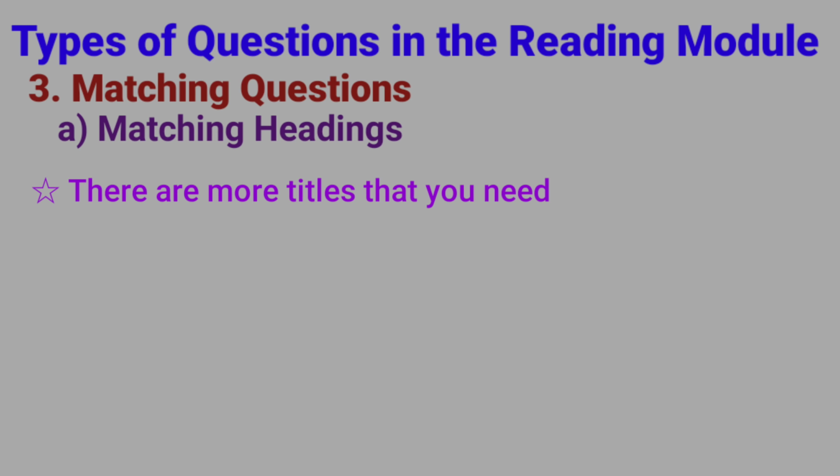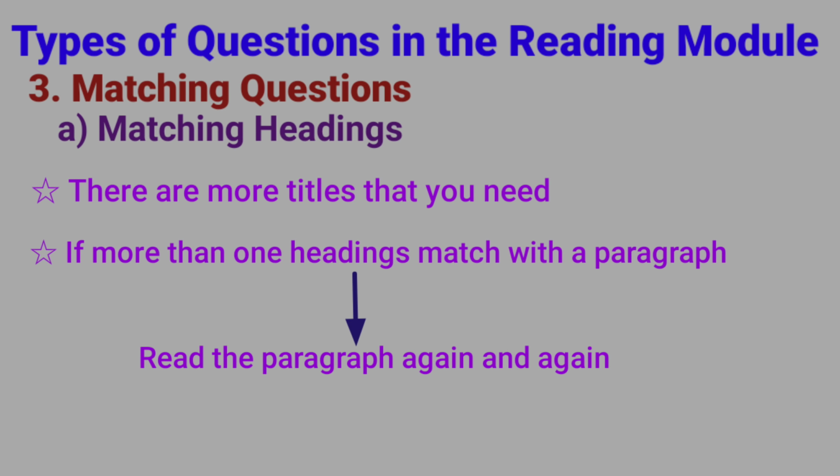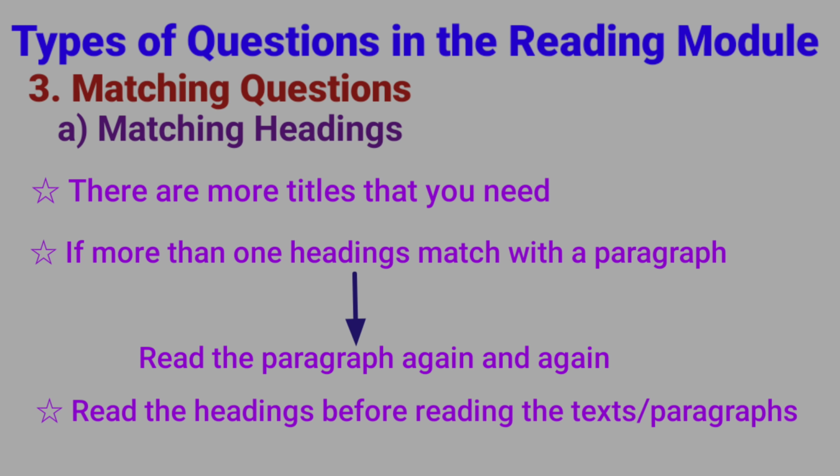Another point is, if more than one heading matches a paragraph, you should read that paragraph again and again and choose the correct option. Another point to remember is to read the headings before reading the text or paragraph.